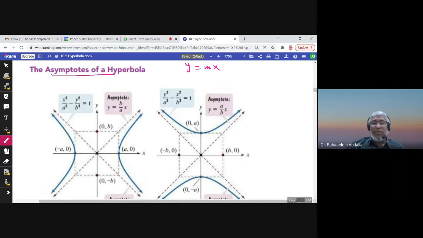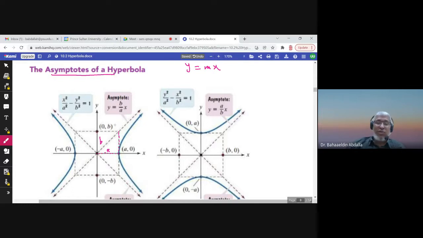How to find the slope of the asymptote? We'll look here. This is the line, the asymptote. This is the change in y. This is the change in x. The slope is the change in y over the change in x. The change in y is given by this distance, which is b, and this distance is a. So it's b over a.